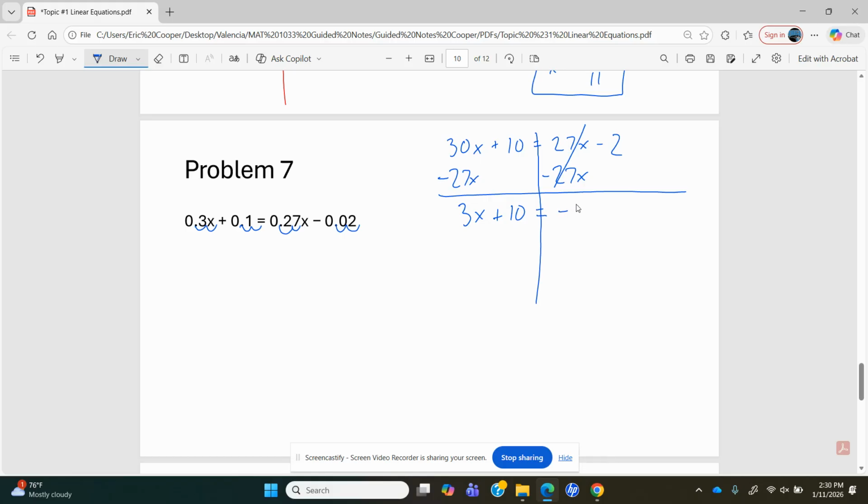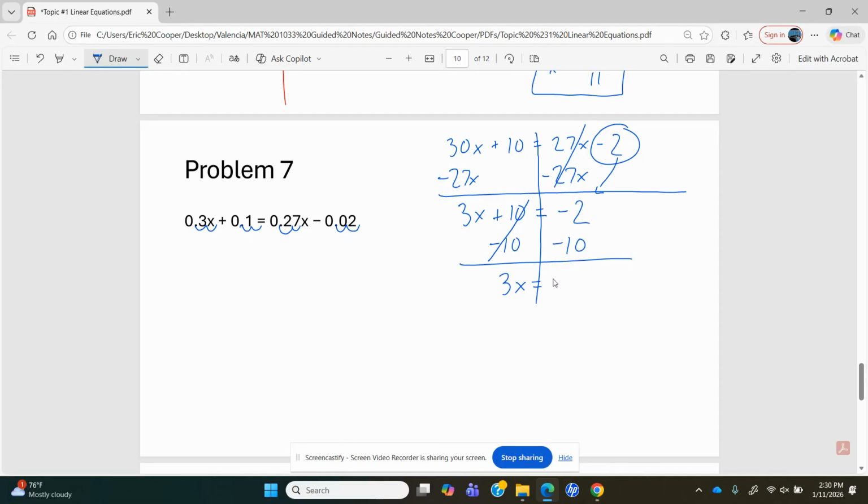Here I'm going to drop down the negative 2. Make sure we drop it down as a negative 2. That minus sign really ends up becoming the negative at this point. I've got 3x on the left, so I've got to move the 10. Right now it's a positive 10, so I'm going to subtract 10 from both sides. The 10's cancel here. I don't do anything with the 3x except drop it down.